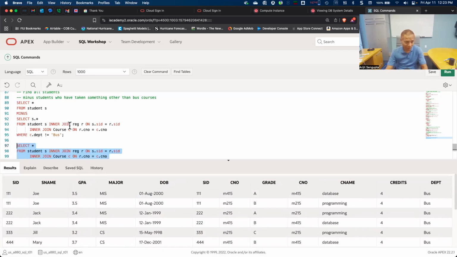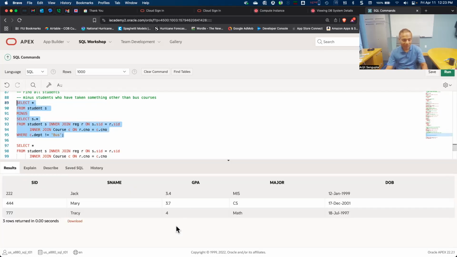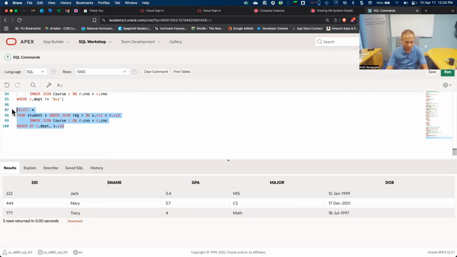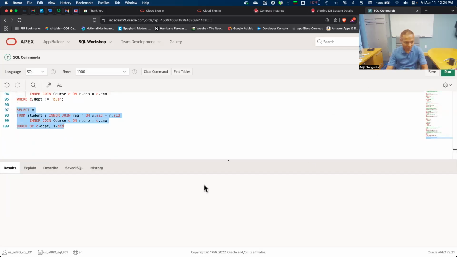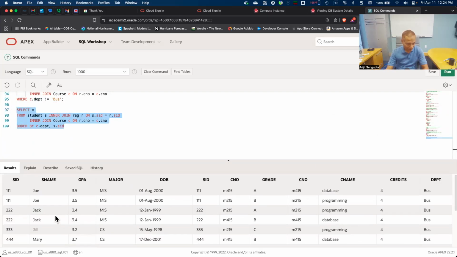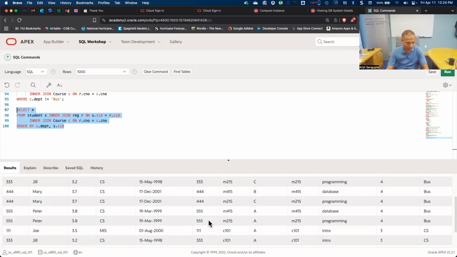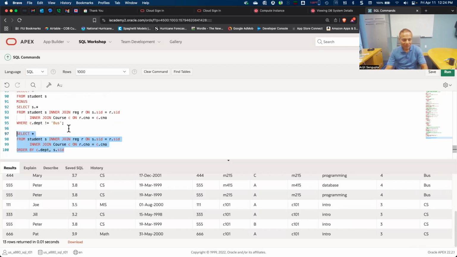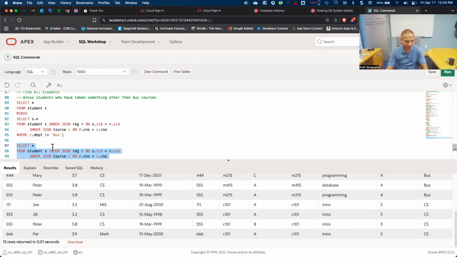So Mary is the only one who should show up in this query. Oh, Jack shows up as well. Let's make sure. Maybe I did not notice. Jack has taken business courses. And at the bottom, that's right, Jack does not show up here, which means Jack did not take any CS courses, so they have taken only business courses. So that's good. So this query is correct.